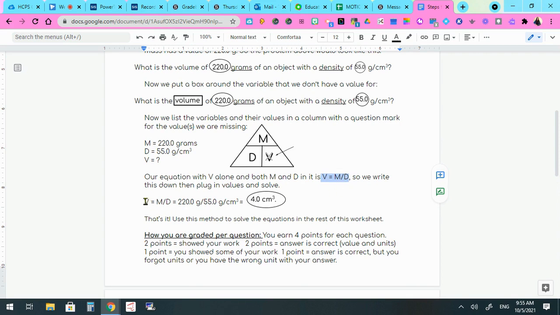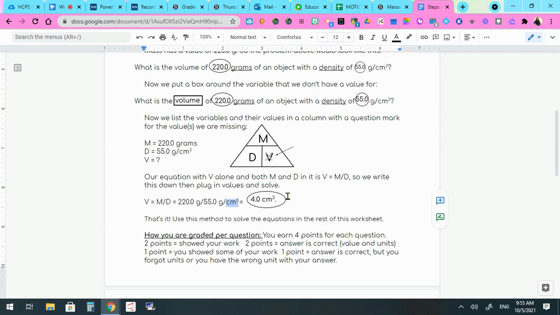So here is our formula. Here is our substitutions, including units. Don't forget those too, because by including your units, you can see what cancels out in the problem. Because we have grams on the top of the fraction and grams on the bottom, grams will cancel out and you're left with only cubic centimeters to put in your answer.